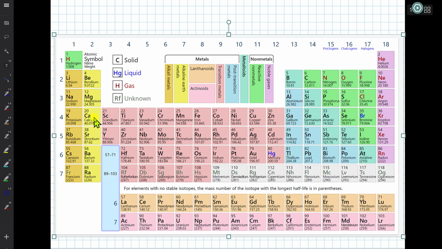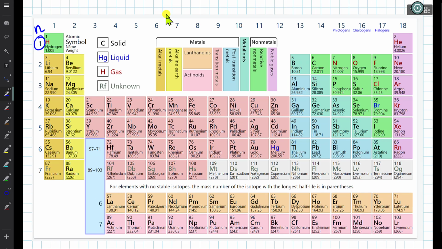So the general principle is on the periodic table, this represents n. These numbers, the periods, are the principal quantum numbers of the highest energy level in the electron configuration. But these are all n minus 1. The other thing I wanted to do, and I sort of stopped and I made a little edit, so I hope this sort of mixes in well.